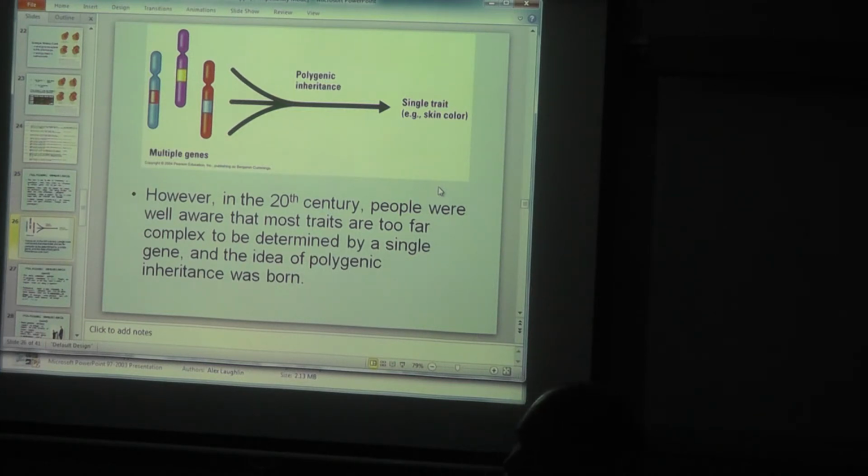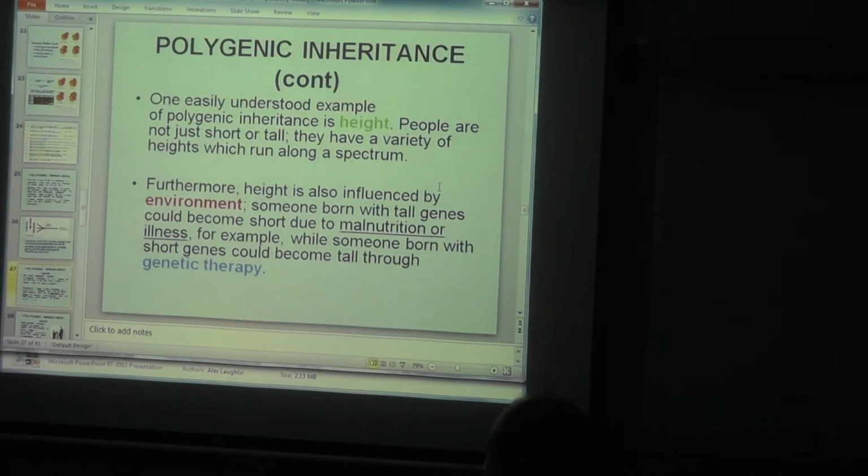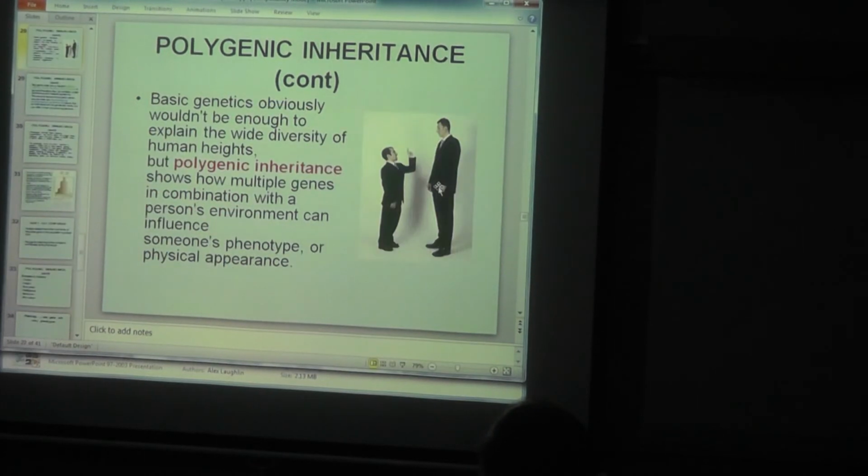As a combination, they express something. So you can think of these 3 genes as effectively one gene. Again, these are all exceptions to Mendel's laws. Height is one polygenic inheritance. Height is determined by multiple genes, which is why you have many different kinds of heights in the population.